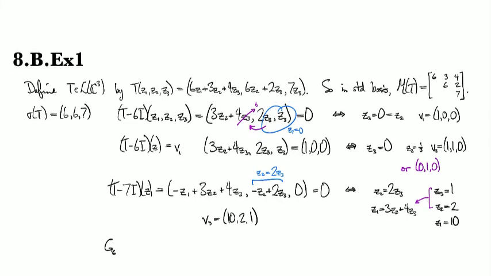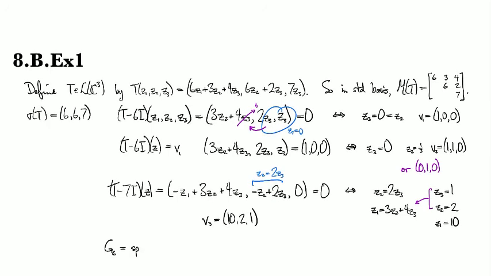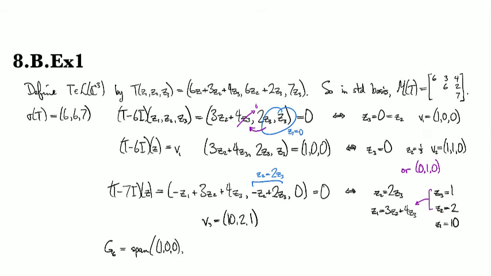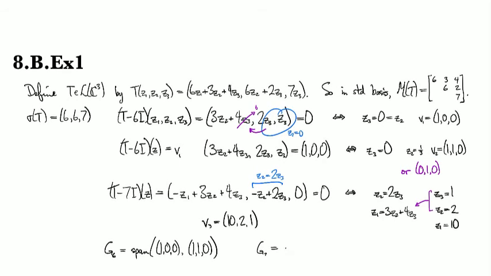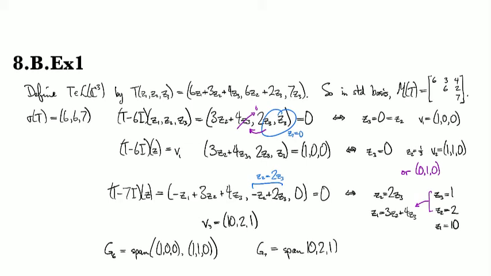Now my generalized eigenspace for lambda equals 6 is going to be the span of 1, 0, 0 and 1, 1, 0. And my generalized eigenspace for lambda equals 7 is going to be the span of 10, 2, 1.